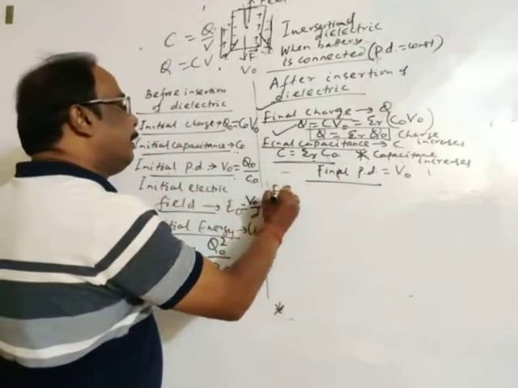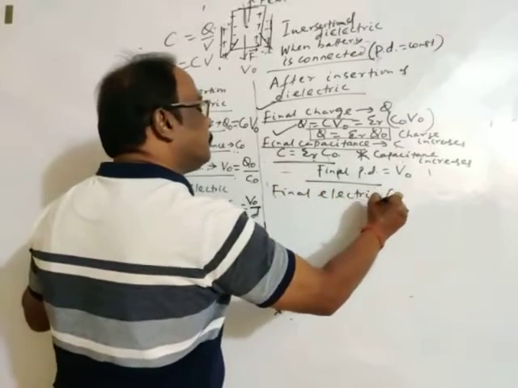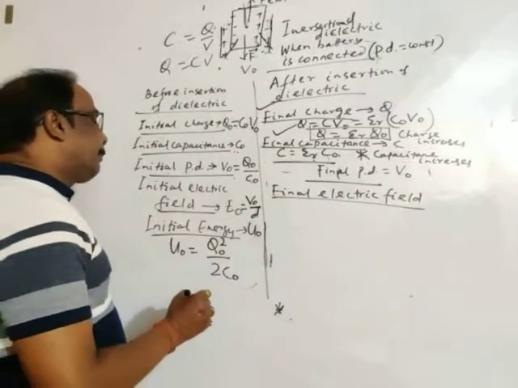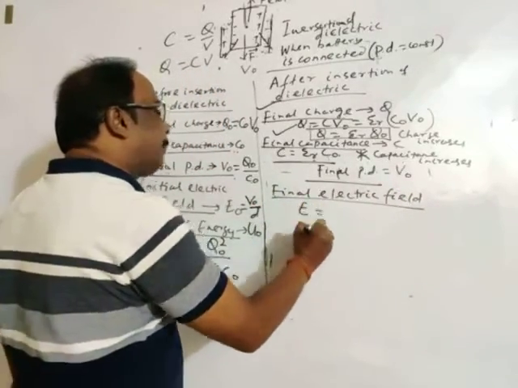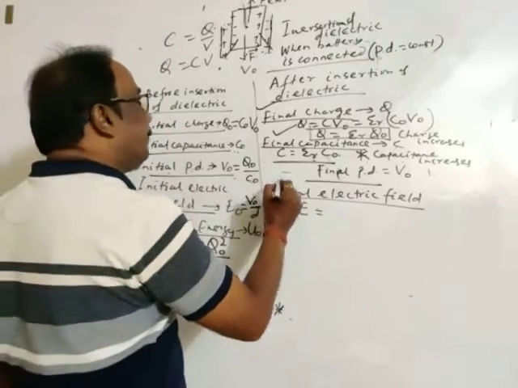Then final electric field. When the dielectric is inserted, what will happen to the electric field? See, let the final electric field be E. Again, we know electric field is V by d.